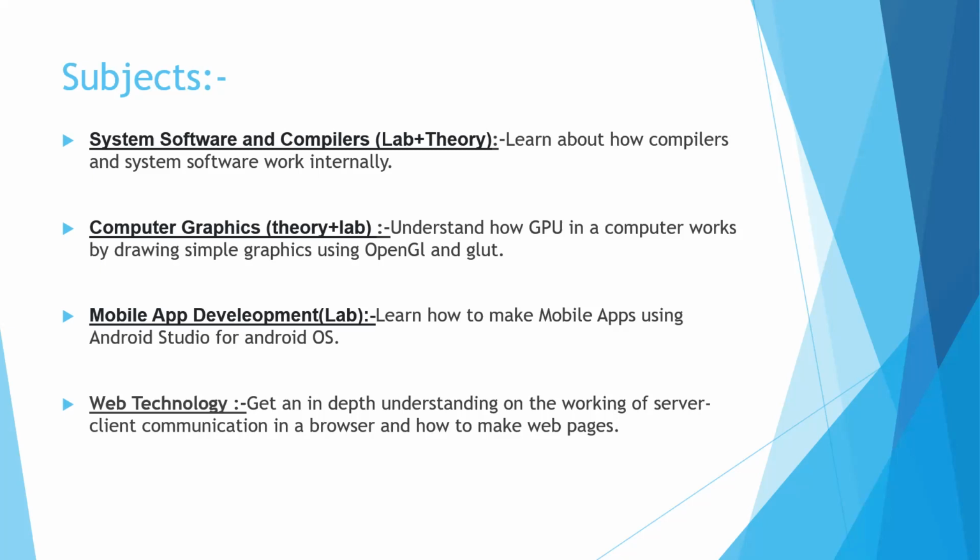So understanding the theory is very important. Over here we're going to use the OpenGL and GLUT library. We're going to make simple images like a cube, a teapot, and so on.